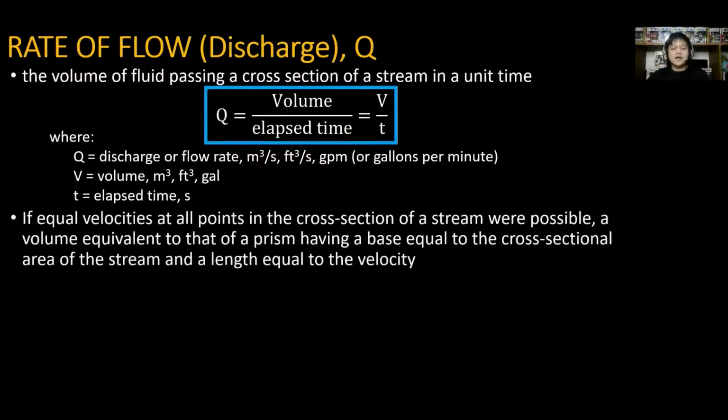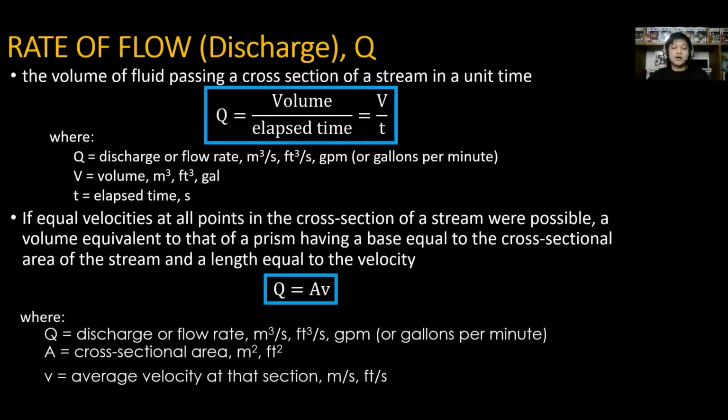Another is an analysis with equal velocities at all points in the cross-section of a stream. Thus, in formula, Q is equal to area A times velocity V. Take note that the area must be perpendicular to the flow or this velocity V.